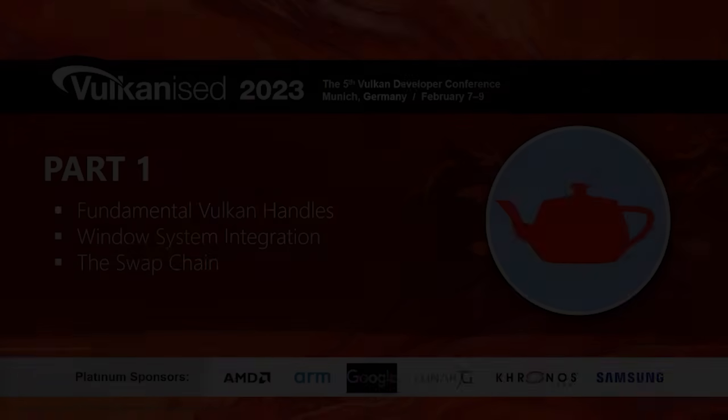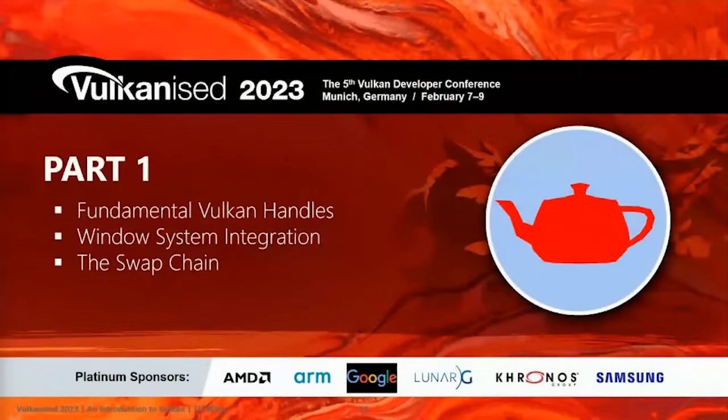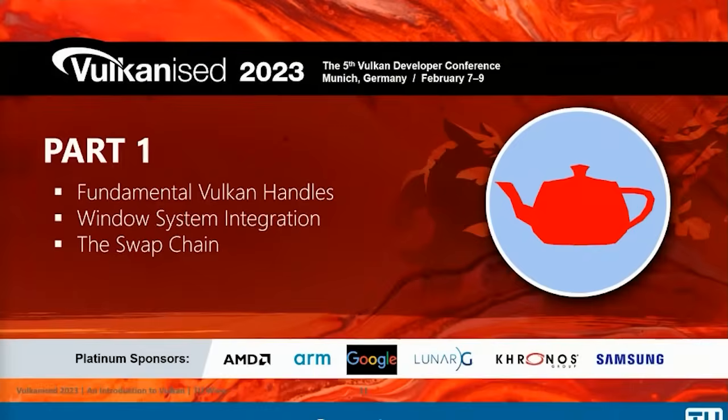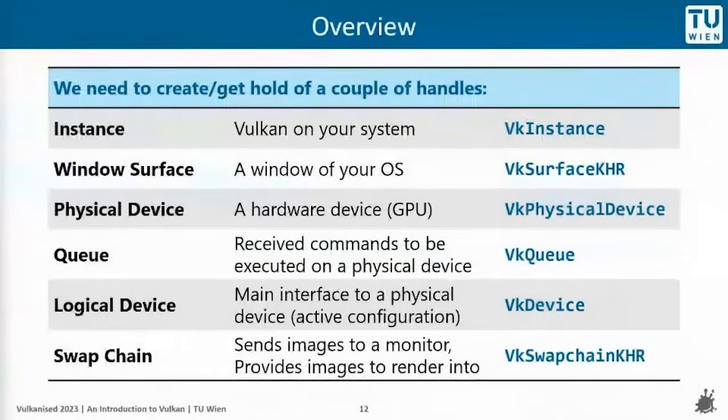So part 1, where we're going to talk about fundamental Vulkan handles, Windows system integration, and the swap chain. Okay, so fundamental Vulkan handles. There are a bunch of them that we will need, and we will get hold of them during this first part.